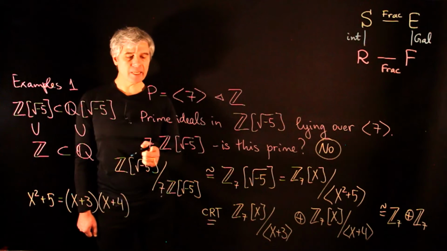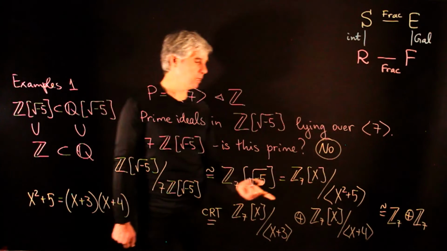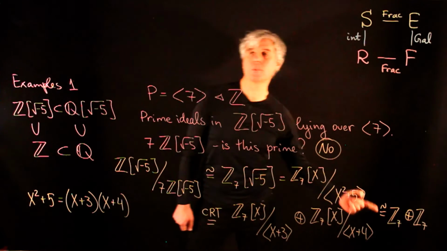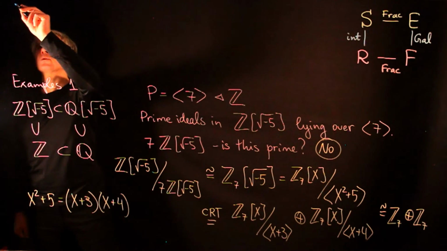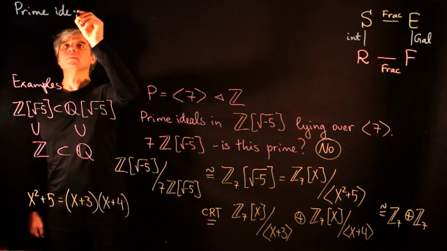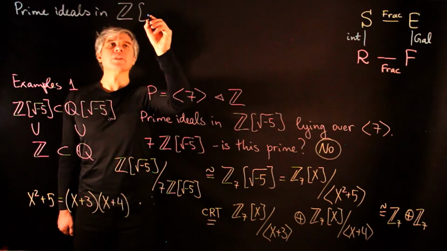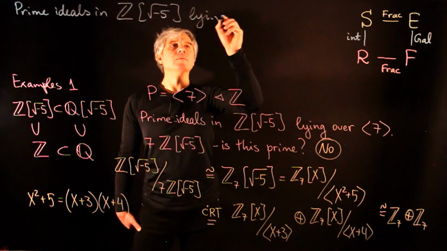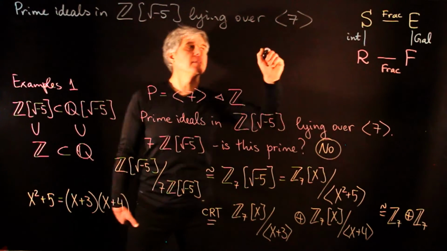However, now we can see how we can enlarge this principal ideal to get a prime ideal. All we have to do is to factor out one of the two components. And what we get is two prime ideals in Z[sqrt(-5)] lying over the ideal generated by 7.